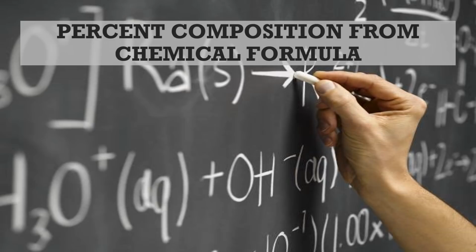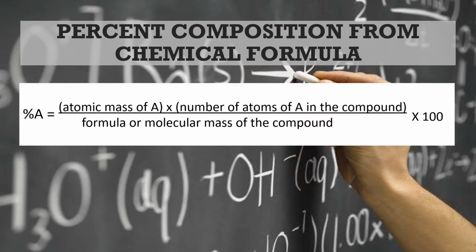Mathematically, we compute the percent composition of an element by this formula: percent of the element A is equal to the atomic mass of the element times the number of atoms of that element in the compound, divided by the formula or molecular mass of the compound, times 100.